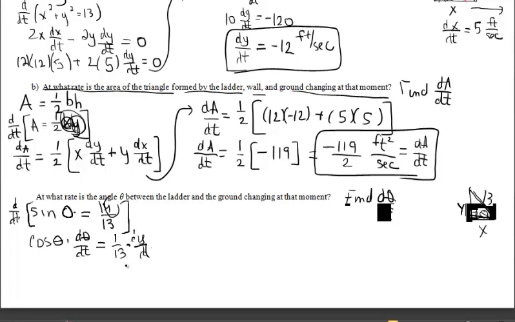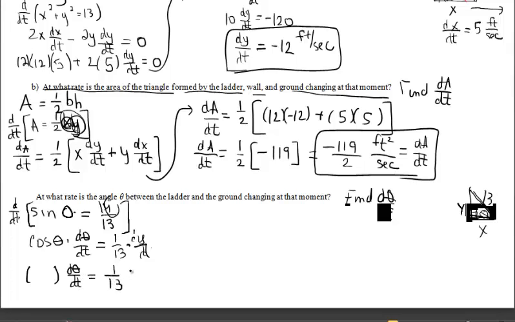At this point, I can multiply both sides of this equation by 1 over cosine to isolate d theta dt. But cosine is not a bad thing to work with, so I think I'm just going to put numbers in here and then go from there.